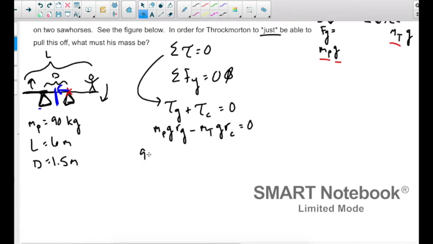The mass of the plank is 90. Little g is 9.8. And Rg is going to be 0.75. That value came from my understanding of the physical situation, that the center where gravity is acting is 0.75 away from the axis of rotation.